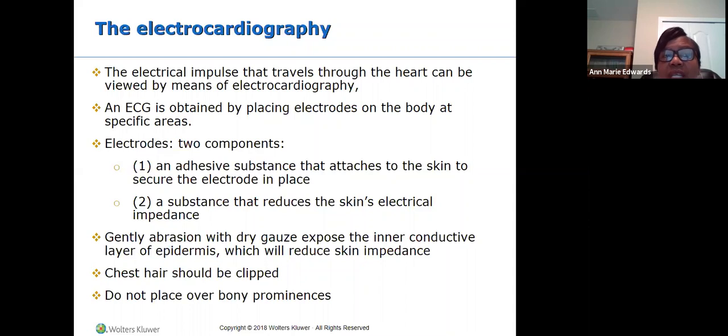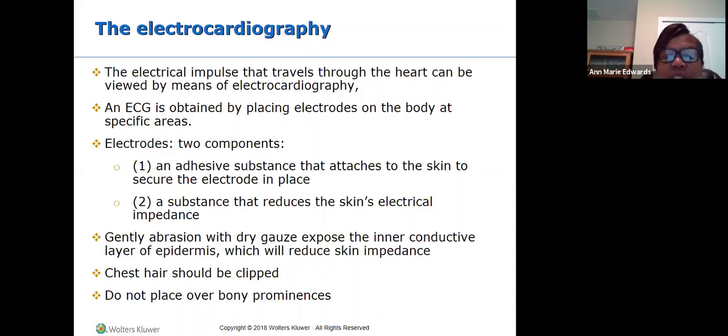So we need to have a transmission of that electrical activity from the body to your ECG, and so we want to reduce impedance, or blocking, of the electrical impulse.